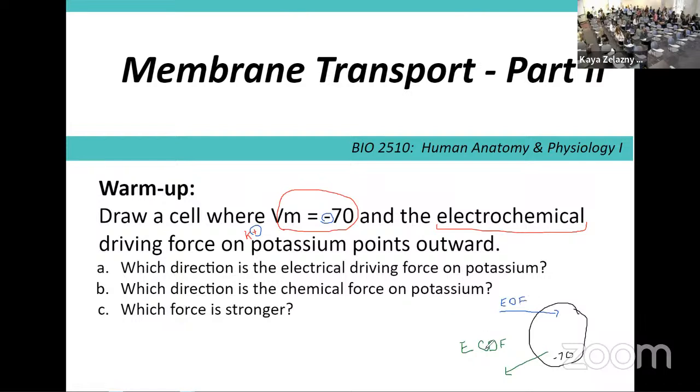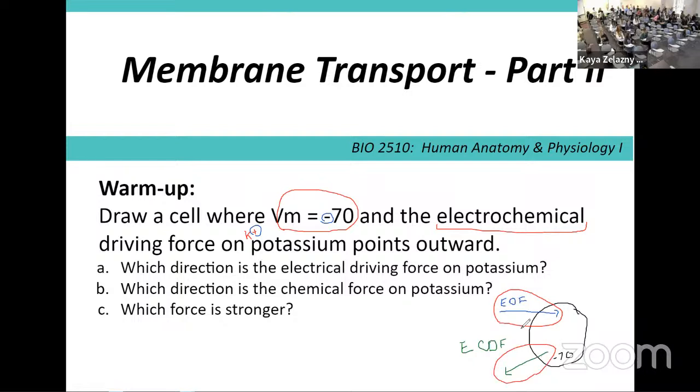Now we need to figure out the chemical driving force without having concentration information. What we could do here, we see that our electrical driving force is pointing in, but our electrochemical driving force is pointing out. Okay.